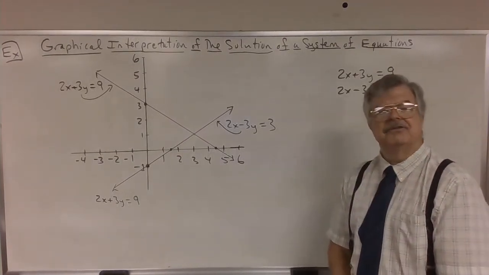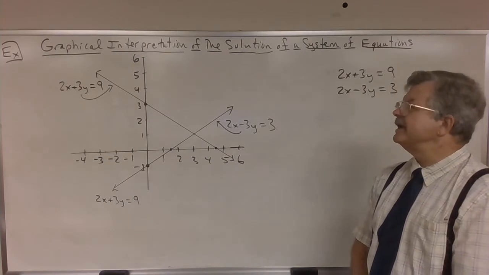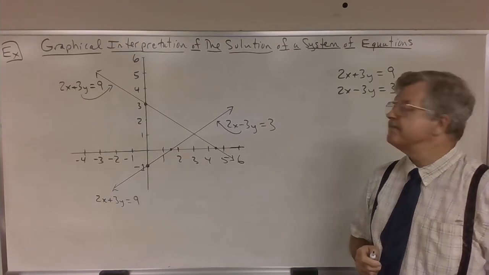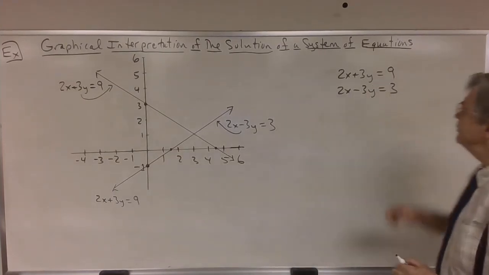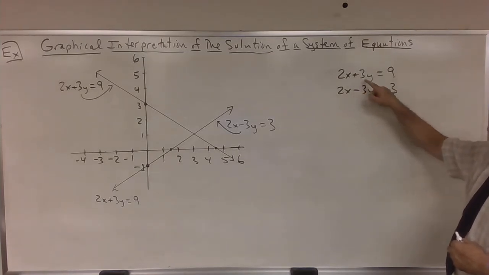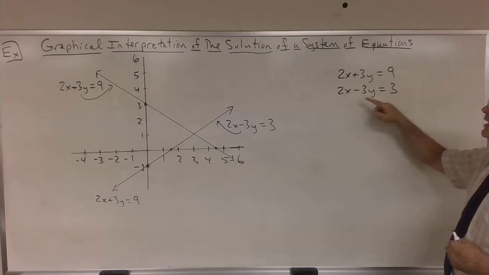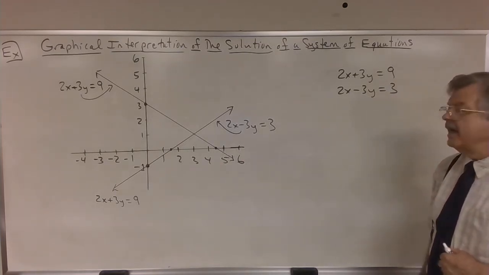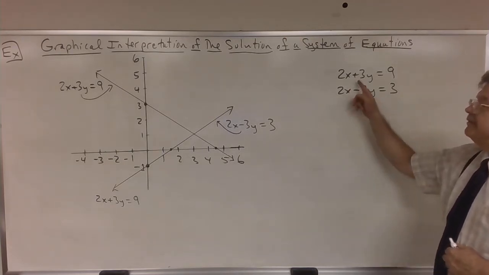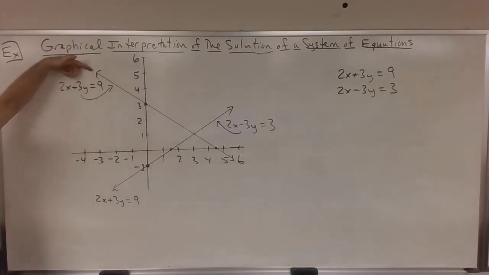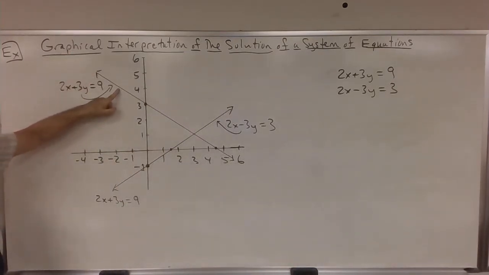Before we get to solving these systems of equations, let's just look at the kind of things that might happen. We'll take the same system of equations that we just got finished with. 2x plus 3y equals 9. 2x minus 3y equals 3. And we draw the graph of each of these lines. This line is the graph of 2x plus 3y equals 9.